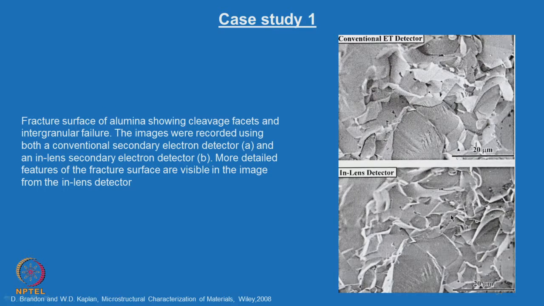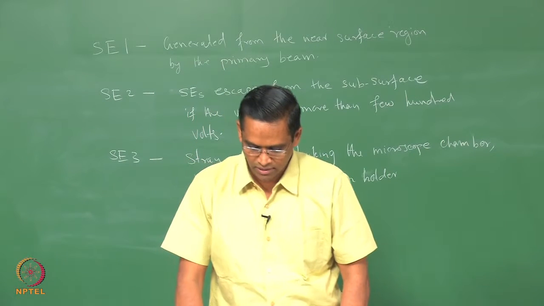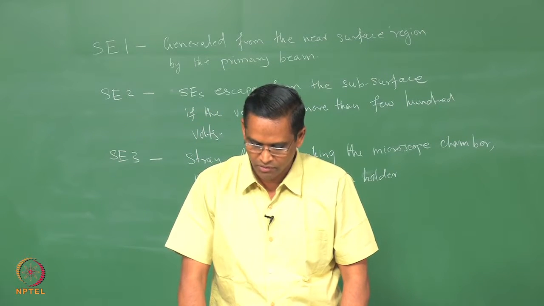That is because the detection capability is high, and also remember these are all secondary electron images, and this is how it is interpreted. So, you should have some idea about why two different contrasts are obtained on the same specimen and same fracture surface, but you are able to detect the features we are interested in.